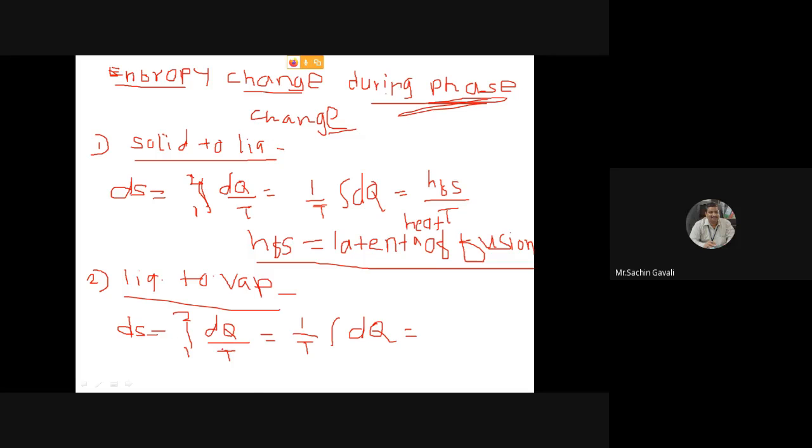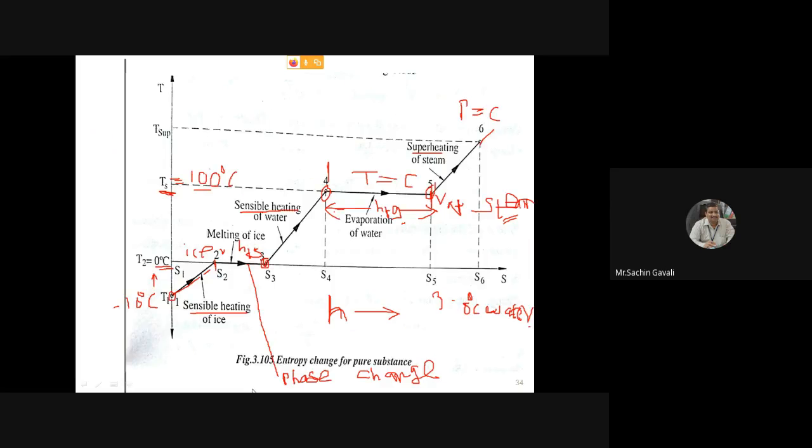But what is this dq called? Anybody? 4 to 5, liquid is changing to vapor, and that heat is also latent heat of, anybody, evaporation or vaporization, and it is denoted by the letter hfg.